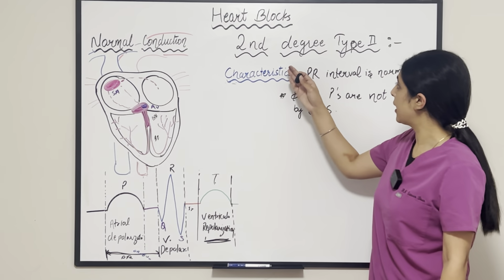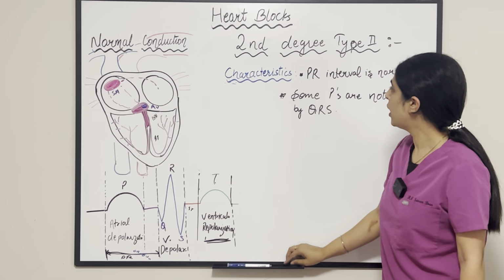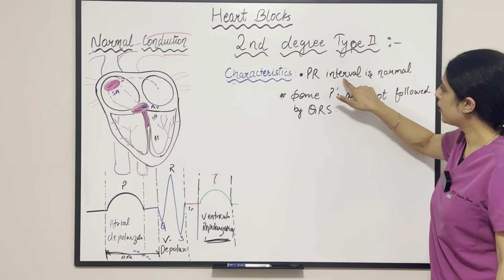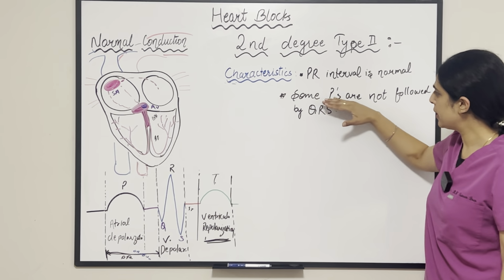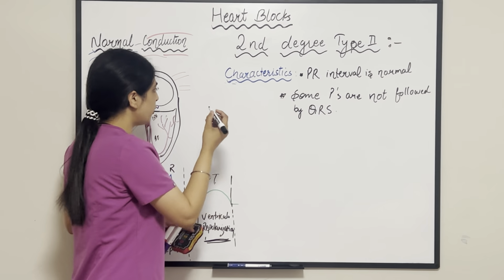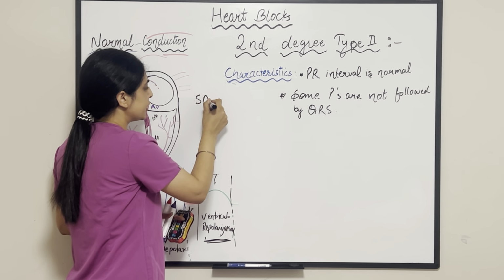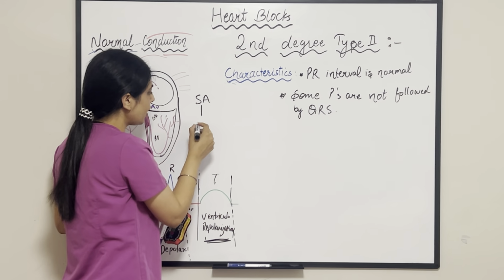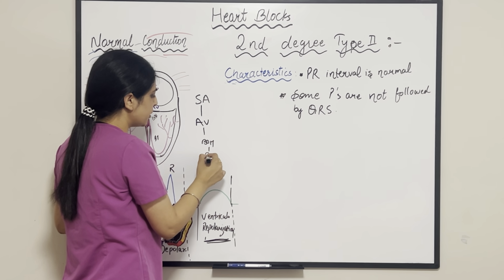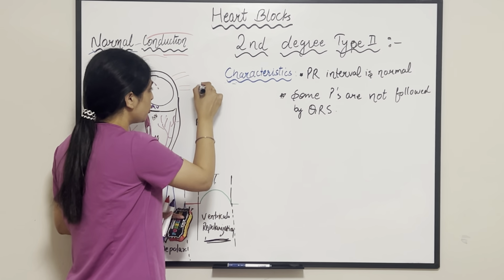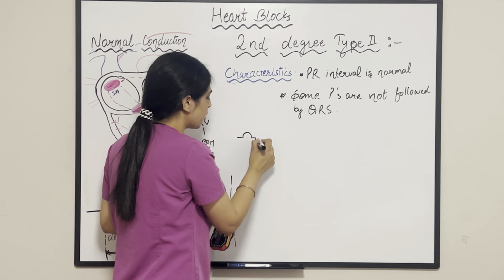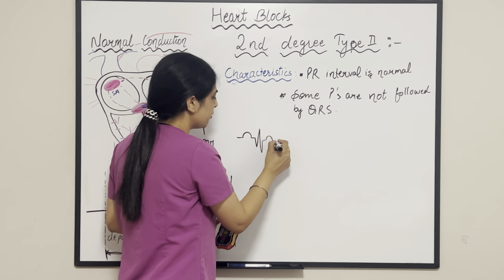Let's discuss second degree type 2 heart block. In type 2 heart block, the main characteristic is that the PR interval is normal, but some P waves are not followed by a QRS complex. For example, an impulse generated at the SA node transmits to the AV node, bundle of His at normal pace, bundle branches and Purkinje fibers. That is our first wave, which forms a normal P, QRS complex, and T wave.